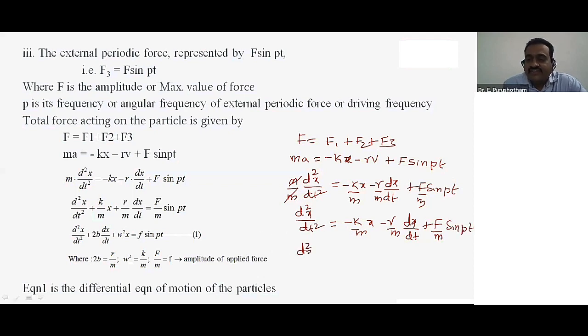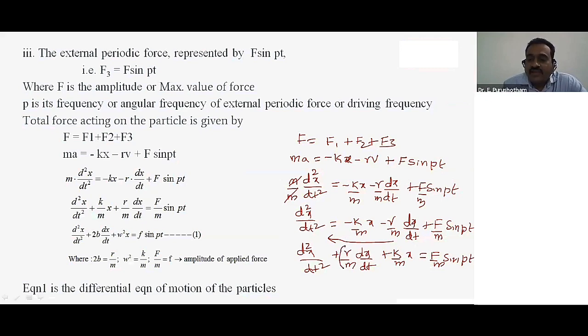So d²x/dt² as it is, taking this left side, this minus, we can write plus (r/m) dx/dt plus (k/m)x is equal to capital F by m sin pt.